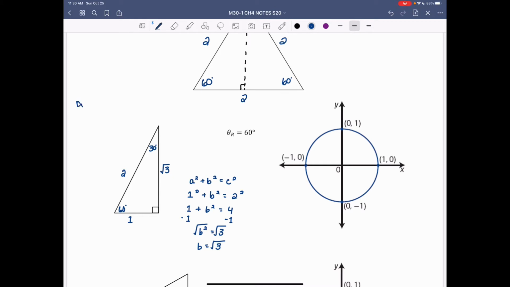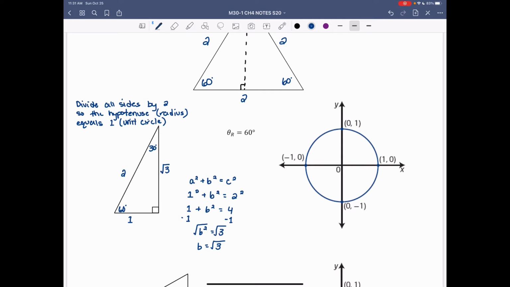So we're going to divide all sides by 2. So the hypotenuse, which is the radius in the unit circle, equals 1 for the unit circle.